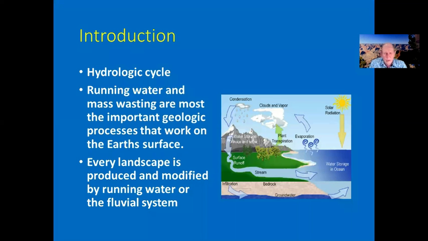You will recall that last week we talked about the hydrologic system, and in the hydrologic system we talked about the evaporation of water, condensation as rain, and the return of that water back to the ocean. The fluvial system is the most important part of the hydrologic system because it is responsible for producing and modifying the landscape on all of the continents.